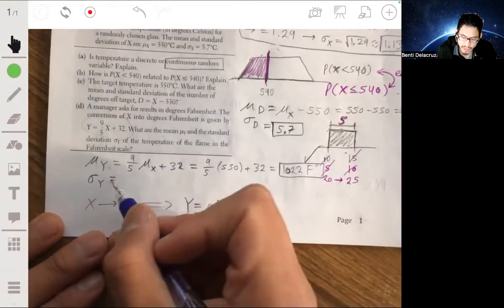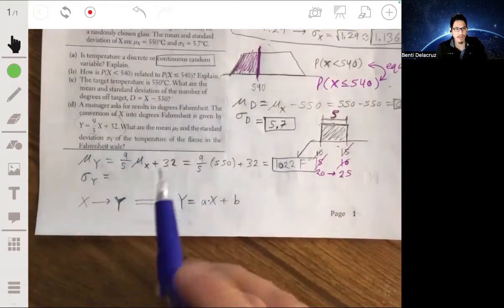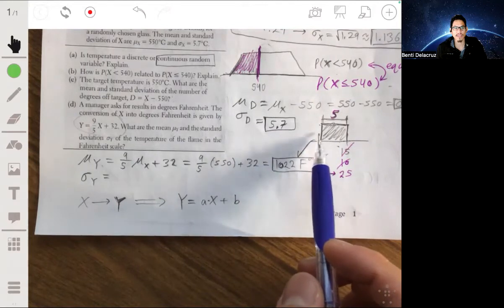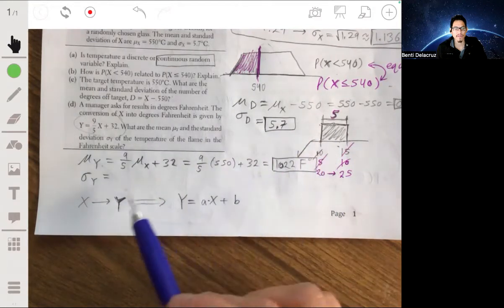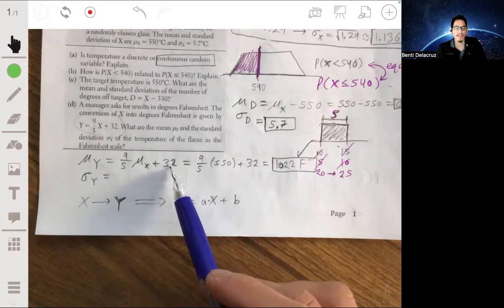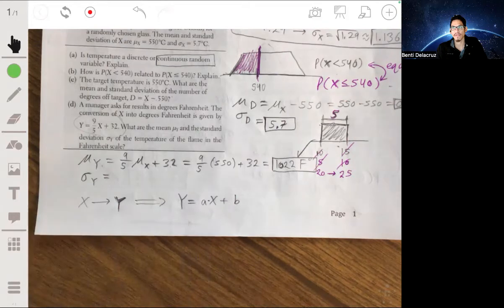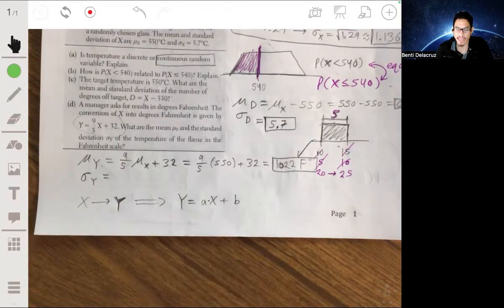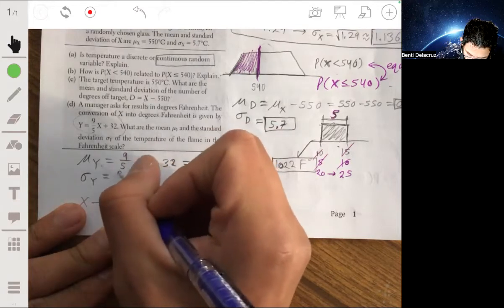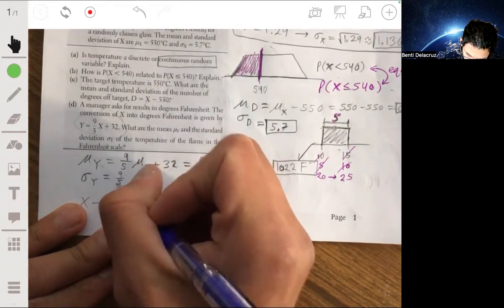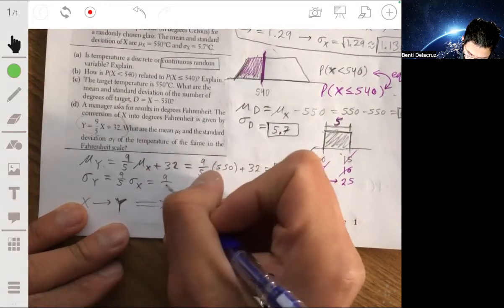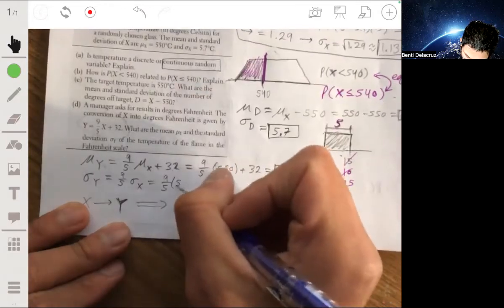Now for the standard deviation, for spread, remember we went over this concept in part C. For standard deviation, you don't care about what you add. The standard deviation is not affected by values you add or subtract, but it is affected by multiplication. So the standard deviation of y will be 9/5 times the standard deviation of x. So it'll be 9/5 times 5.7.